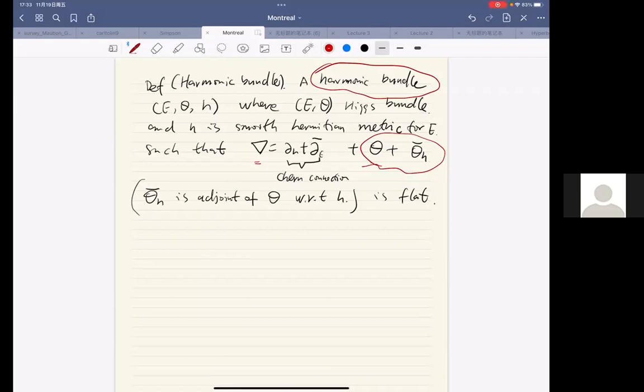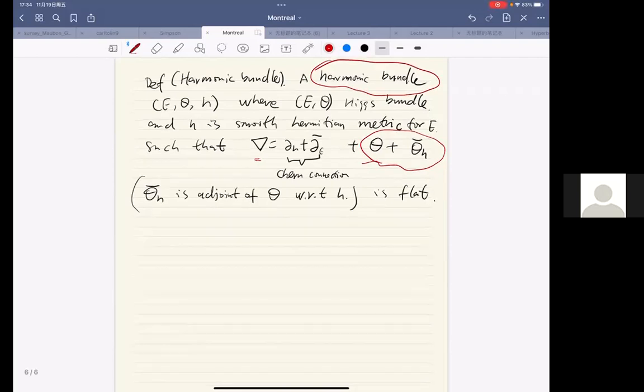So you see it arises very naturally from a complex variation of Hodge structure. From another point of view, if you consider a semisimple representation of the fundamental group of any compact Kähler manifold, then by the theorem of Corlette and Simpson, you automatically have such a decomposition of the flat connection.